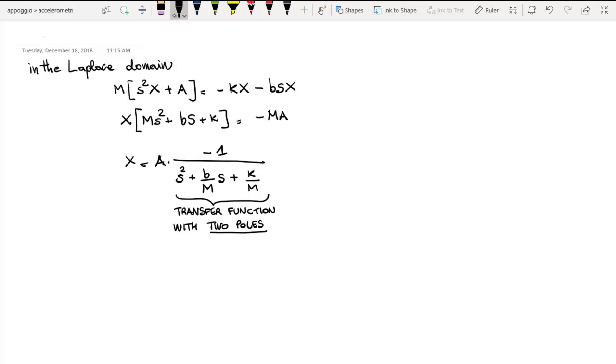When we have something written in this way, we can associate this expression to this one. If I consider just the transfer function, we can write it as plus 2 xi omega 0 s plus omega 0 squared, where we have defined omega 0 as the square root of k over m.